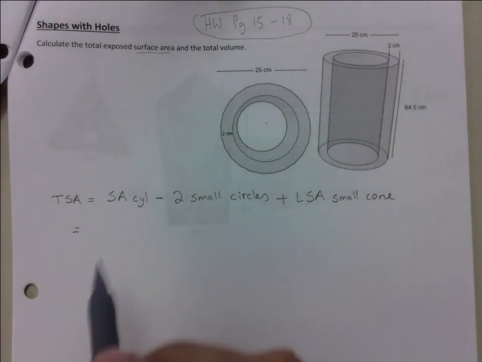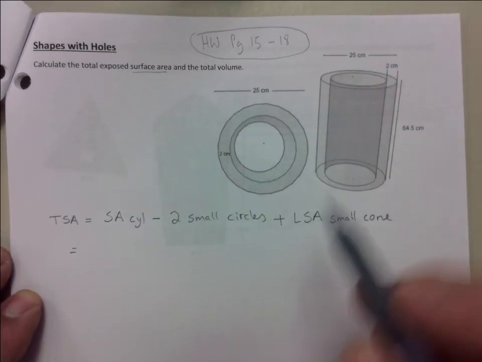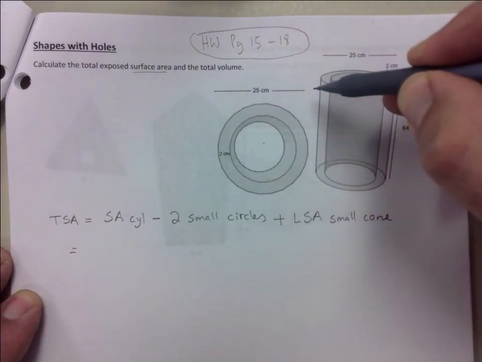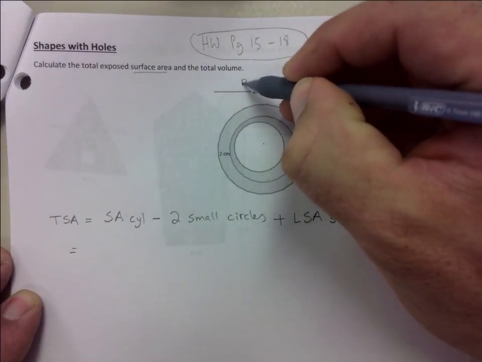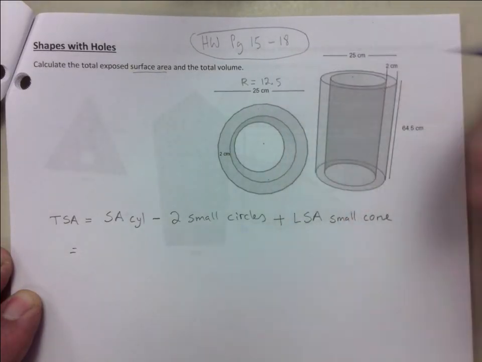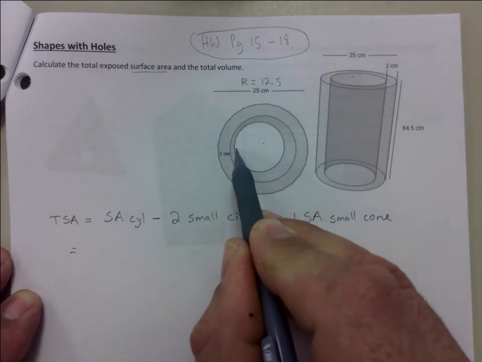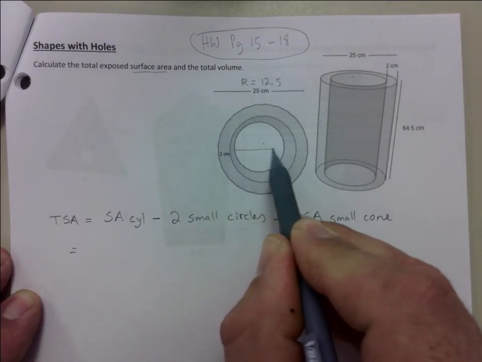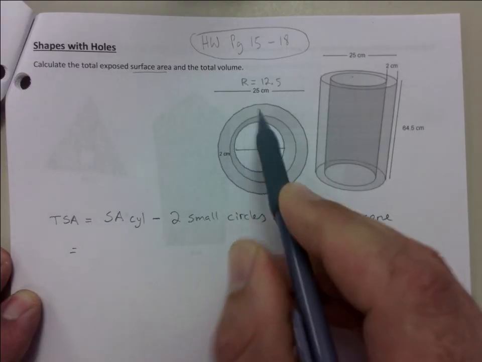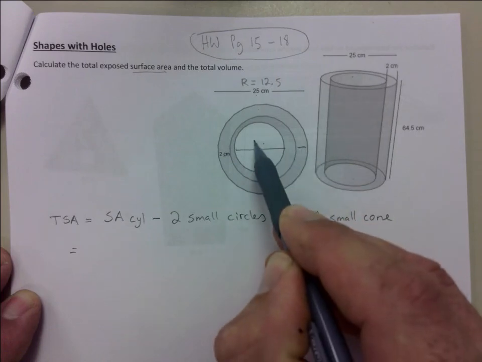All right, so here you go. Surface area of the large cylinder. Let's find some information here. If the outside diameter is 25, then my capital R is 12.5. Lowercase r, what is the small diameter here? I've got to go 25 minus 2, so this is 21.